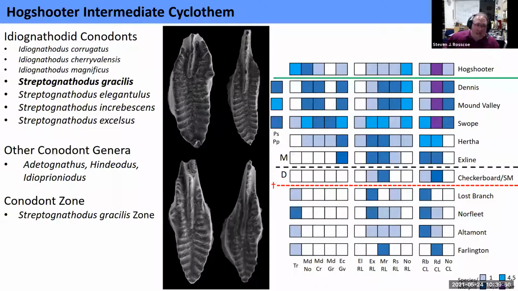And they have been replaced essentially by these truly troughed specimens of Streptognathodus as they appear here. Based on my work at a couple sections in Oklahoma, it is almost a bed-to-bed change where you will switch from a Dennis fauna to Hogshooter, where we see the Streptognathodus. Let's go to the next slide.